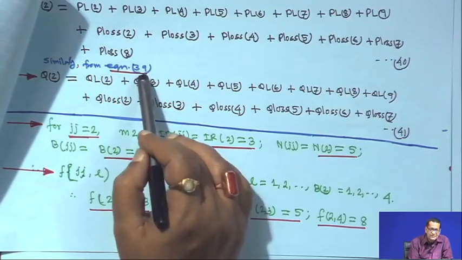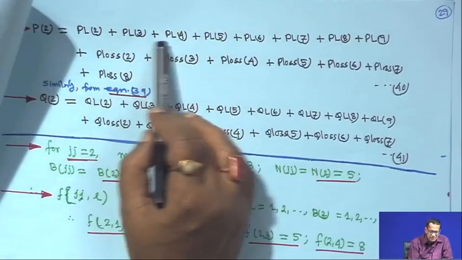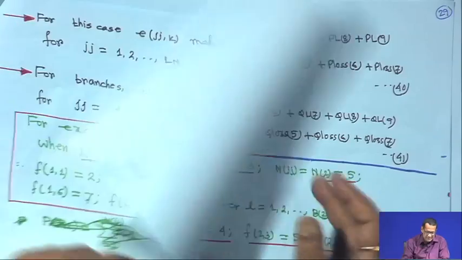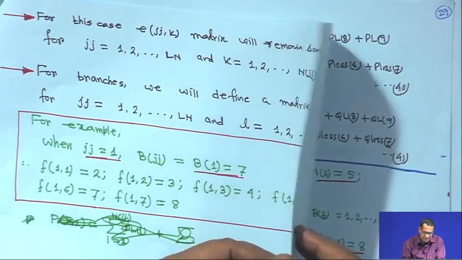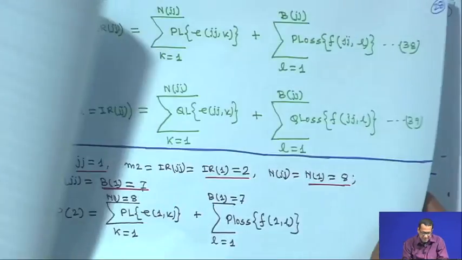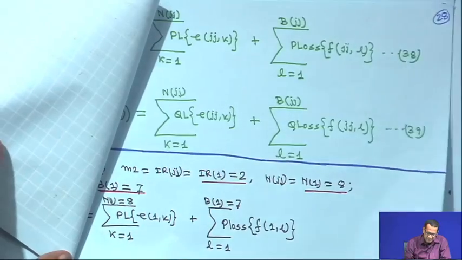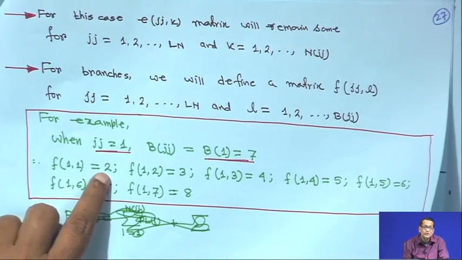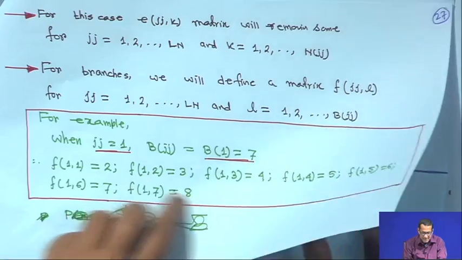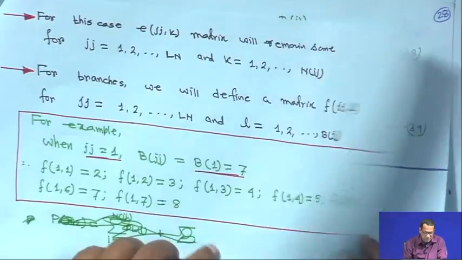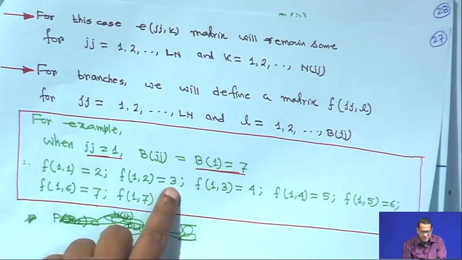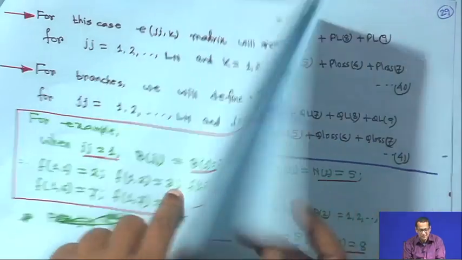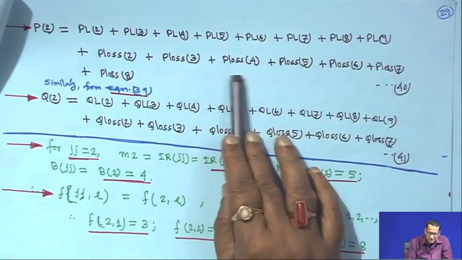One step I have not written, because earlier I explained it for I. In this case, if you expand this, the first term will be P loss F11, but F11 is 2, so it will be P loss 2. The second term will be P loss F12, and F12 is 3, so it will be P loss 3, and so on, right.